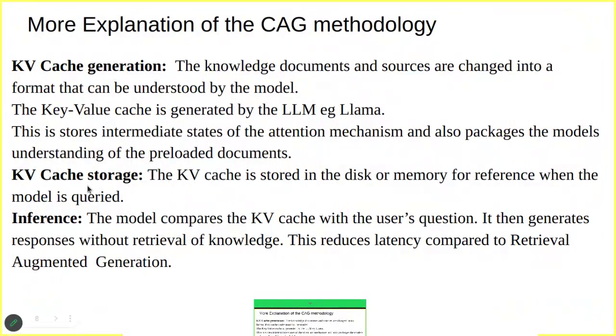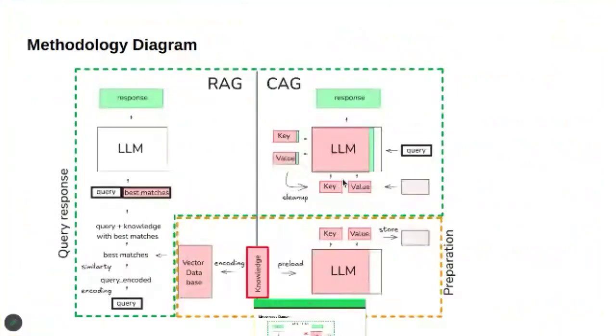So we go to the next thing, which is the KV cache storage. Now this is the format in which the model understands. The KV cache storage is stored in a disk memory for reference when the model is required. So this is stored in a disk, like how we saw in this diagram.